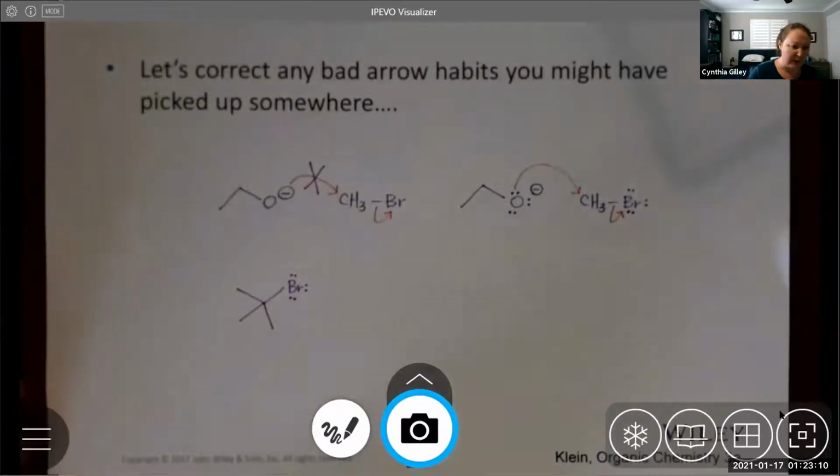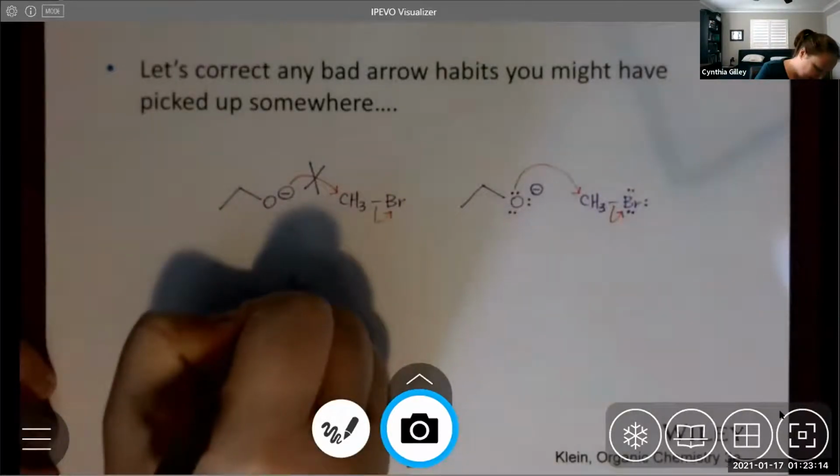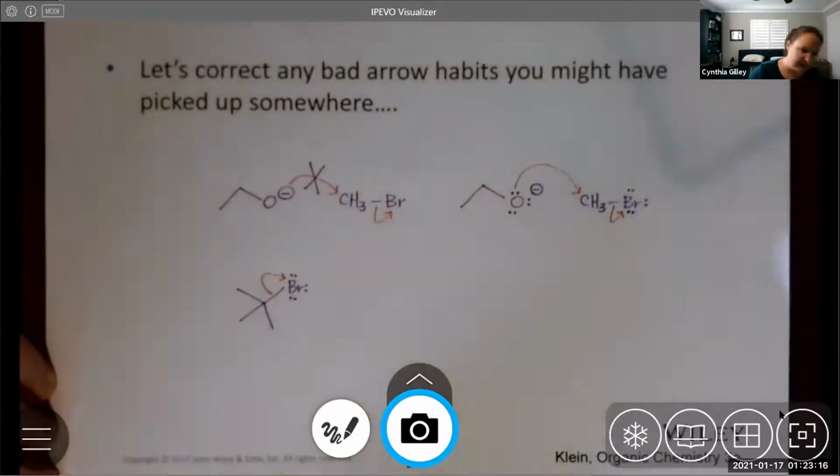The proper way to show loss of a leaving group would be to start on the sigma electrons between the carbon and the group that's leaving, and then point towards the atom to show that the sigma bonded electrons are forming a lone pair.